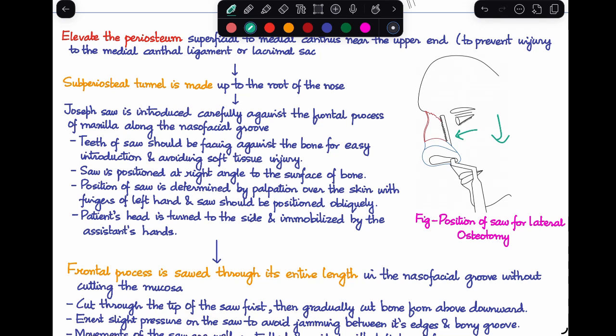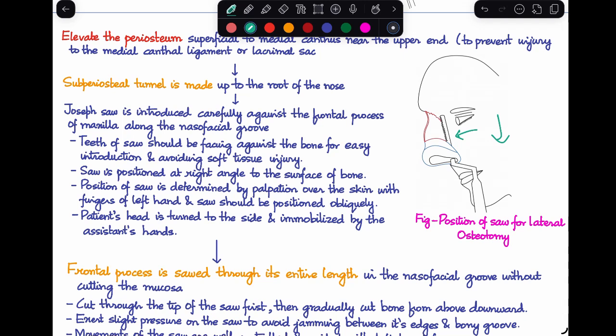So if you're using a chisel, we'll place it at the level of attachment of the anterior end of the inferior turbinate, and after elevating the mucoperiosteum, we will introduce the chisel over here. And then we'll perform the lateral osteotomy cut.